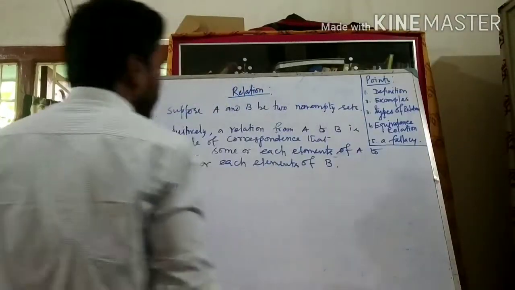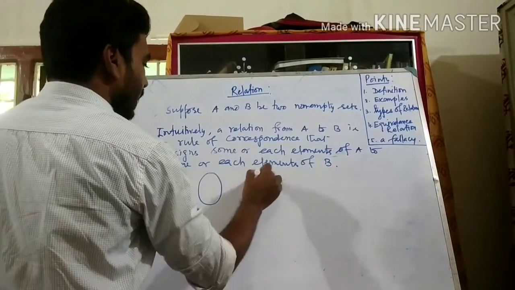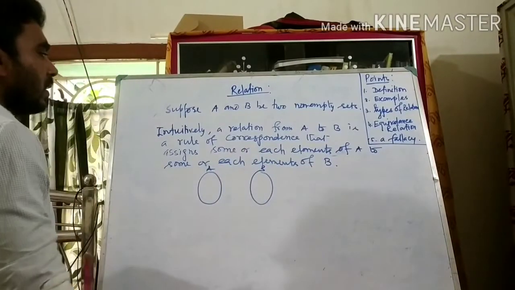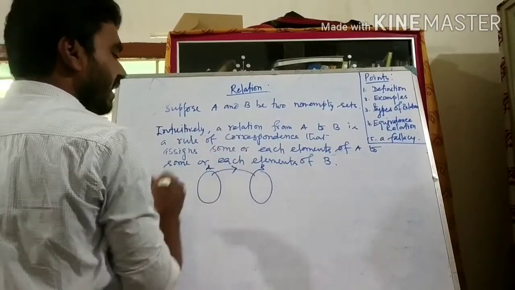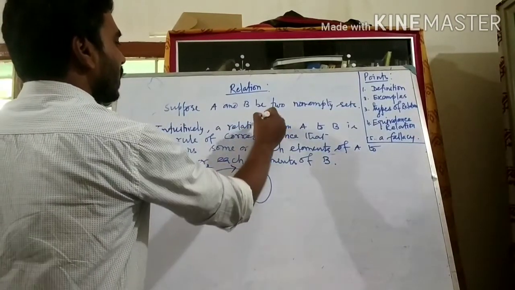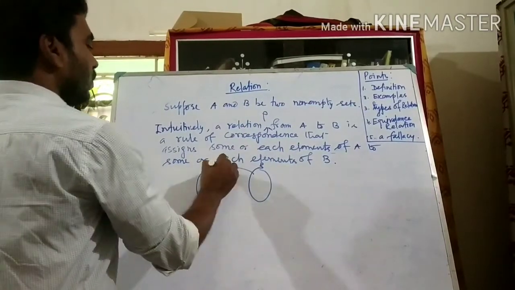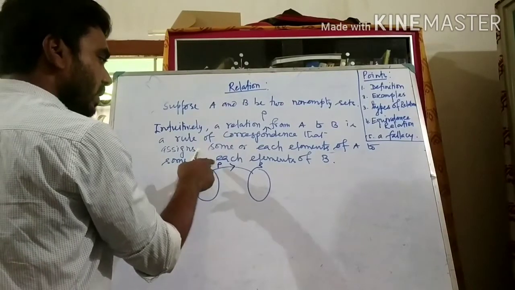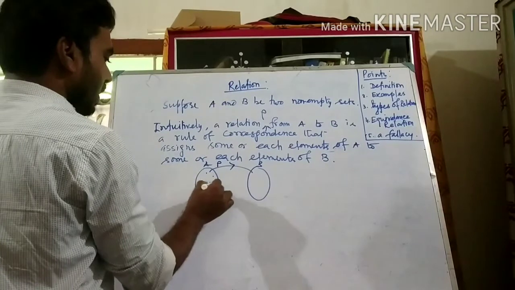Okay. What it says is that suppose this is my set A, this is my set B. So we are defining a relation from A to B. We name the relation, say suppose rho. We say that rho is a relation if there are some elements.